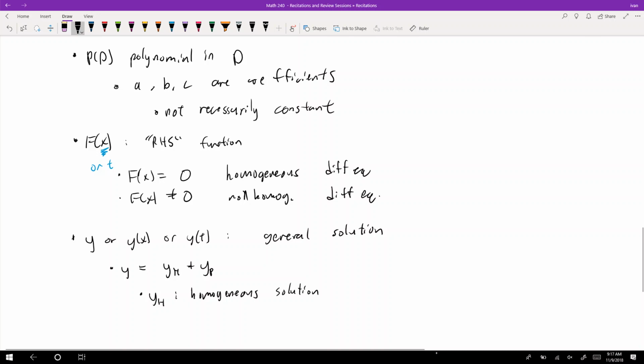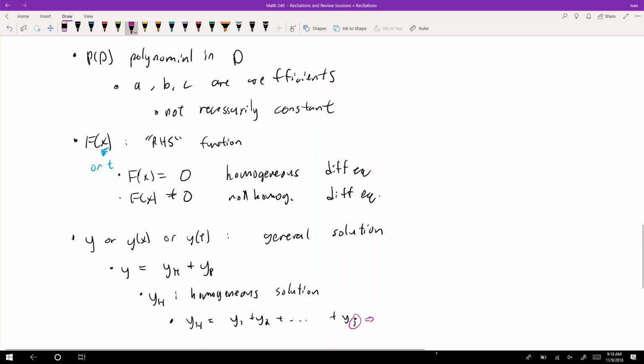So yh is equal to y1 plus y2 plus whatever, yj, and this j is just the order of your differential equation.